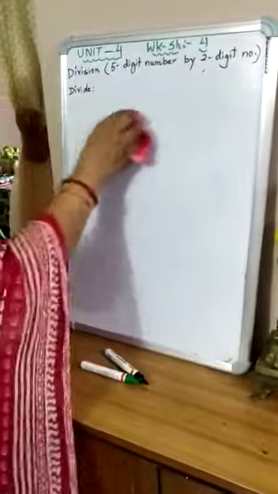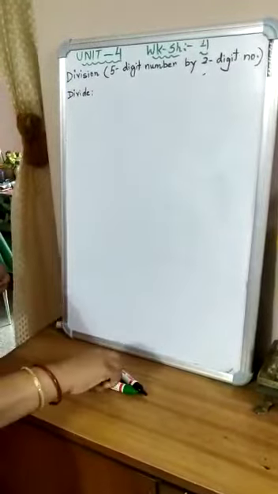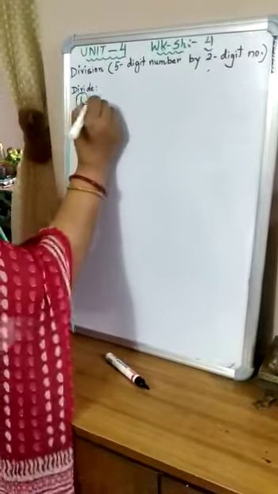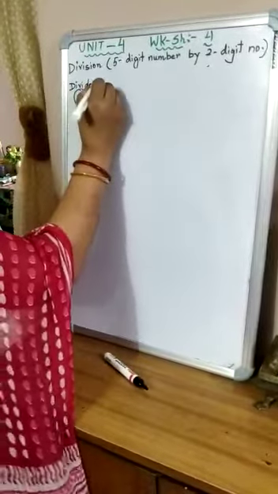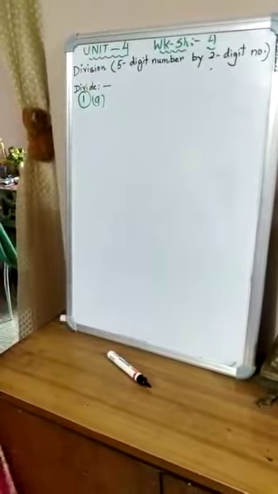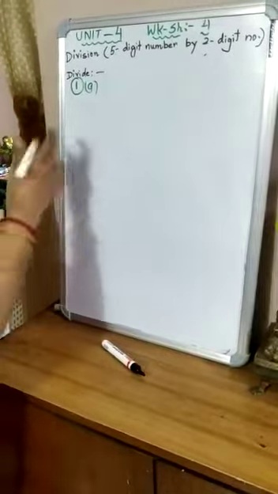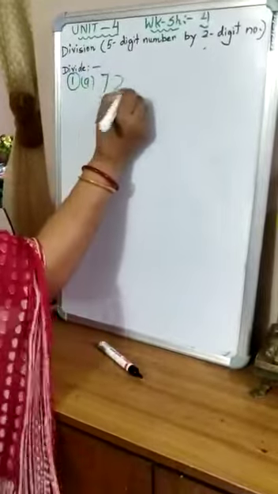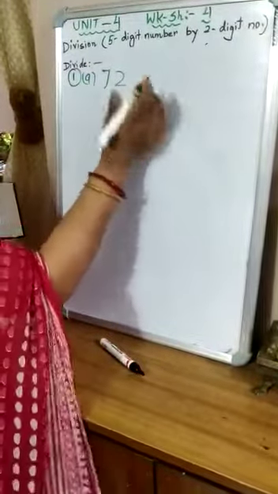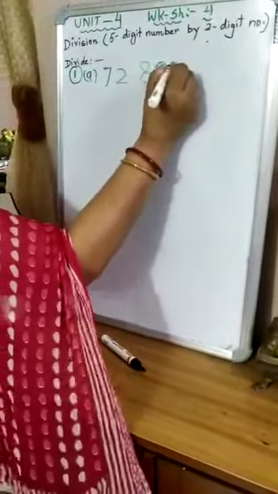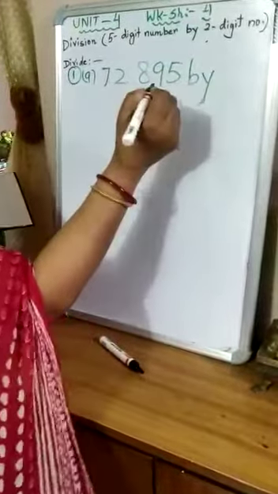So we go to worksheet number 4. Question number 1 A. What is the question? Divide. We have to divide 72,895 by 15.